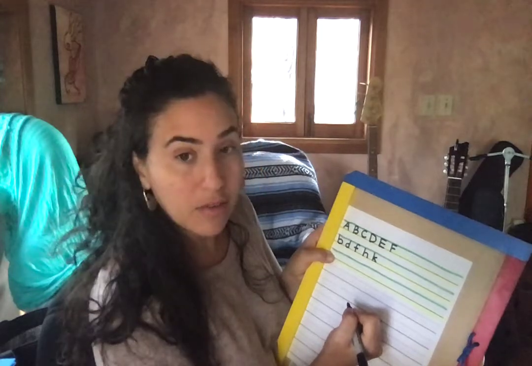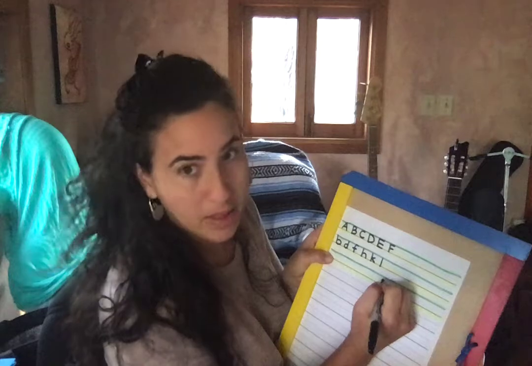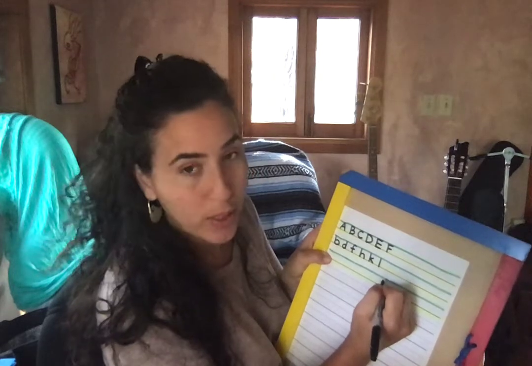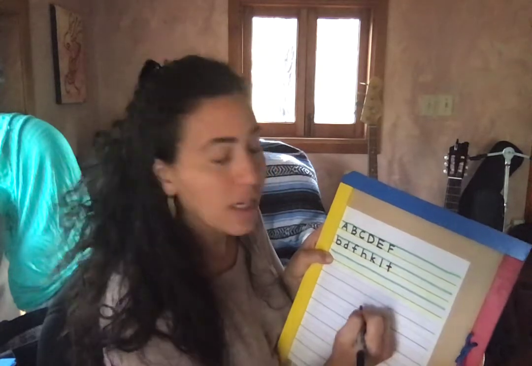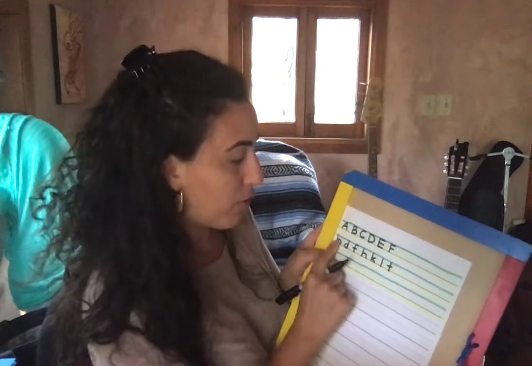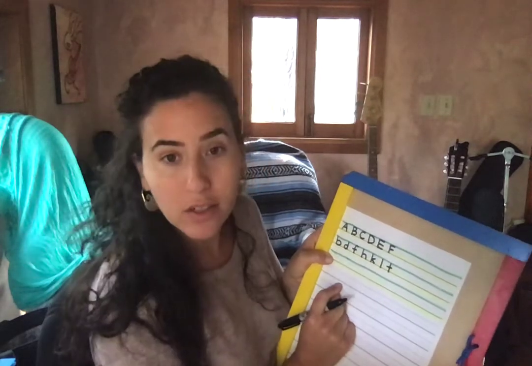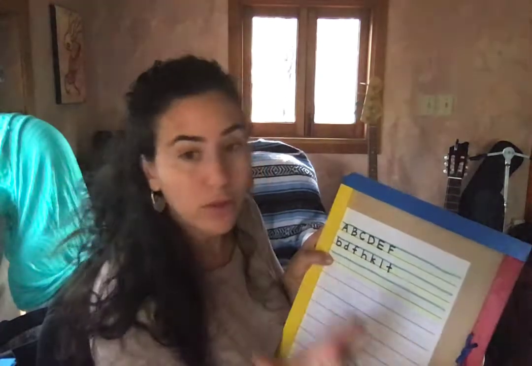A, B, C, D, E, F, G, H, I, J, K, L. M is not, N is not, O is not, P is not, Q, R, S, T is, T, U, V, W, X, Y, Z. Okay, so we found our size 1 letters that are in lowercase. Then we can go to our size 2 letters that are lowercase.